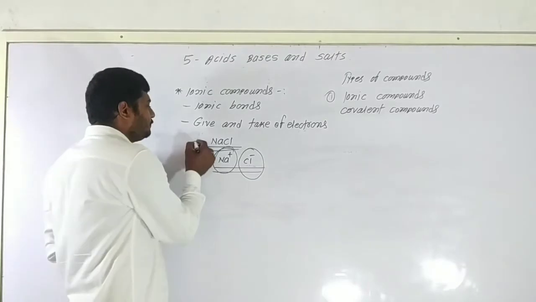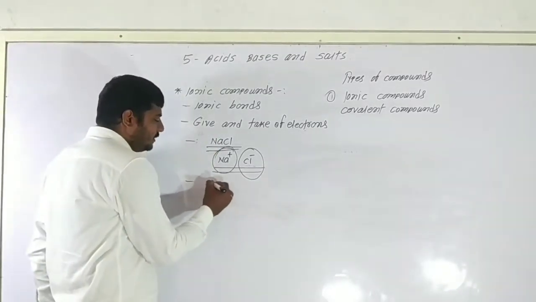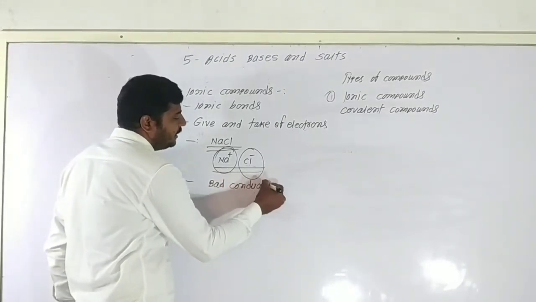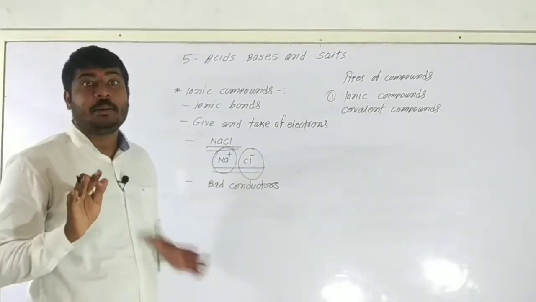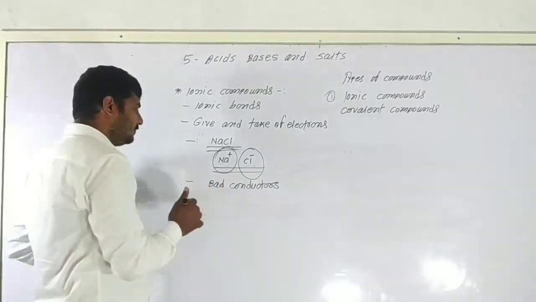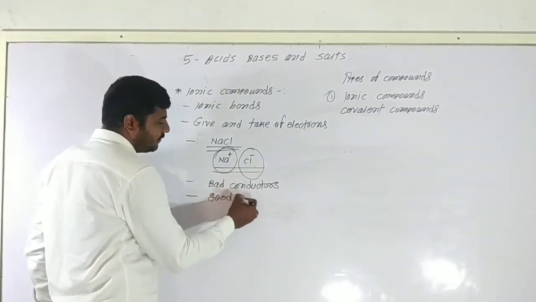Also, ionic compounds are bad conductors of electric current in solid state, but in molten state all ionic compounds are good conductors of electric current.